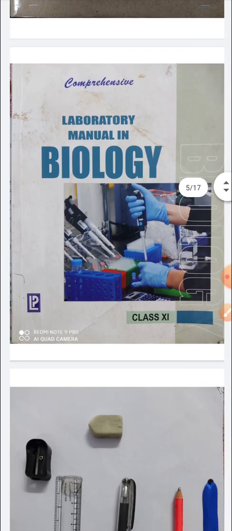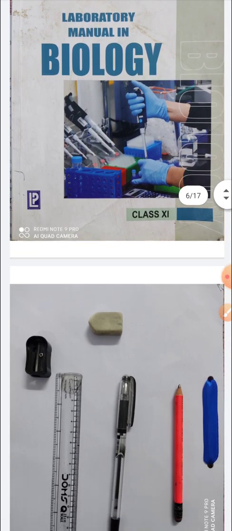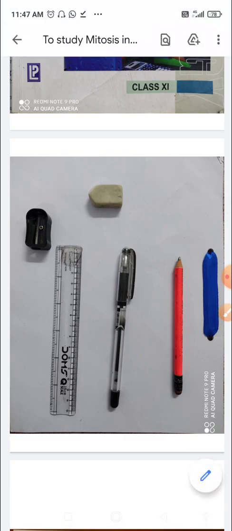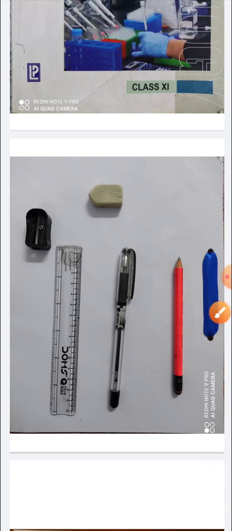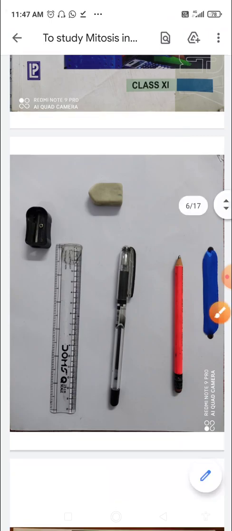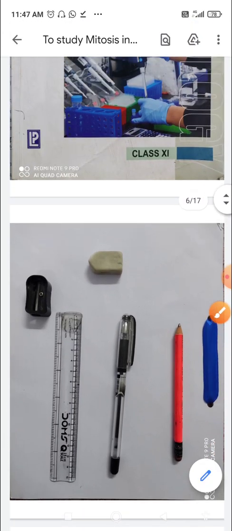Then you need a laboratory manual. Other than this, you require a ruler, a pen, a pencil, eraser and a sharpener, right? So, you will be drawing diagrams, etc. Those are the requirements for the practical.